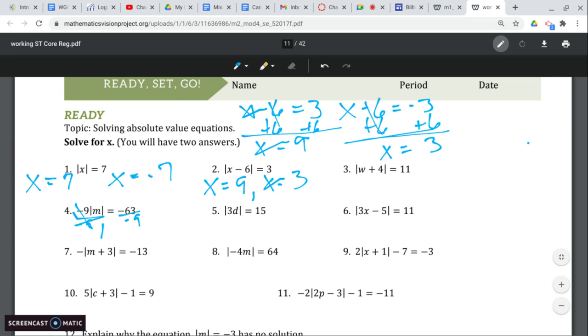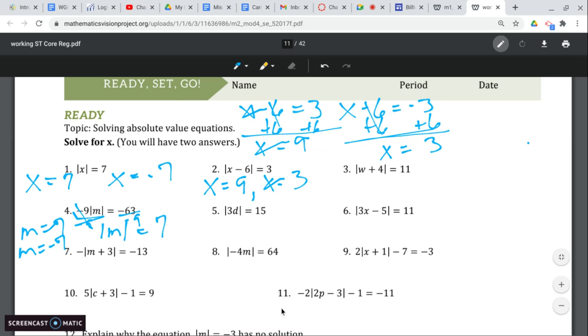Now we have the absolute value of m equals negative 63 divided by negative 9, which is a positive 7. Now our absolute value is all by itself. It equals a positive number, so we can split this. We have m equals positive 7 and m equals negative 7. There are two solutions because there's nothing else we can solve in there.